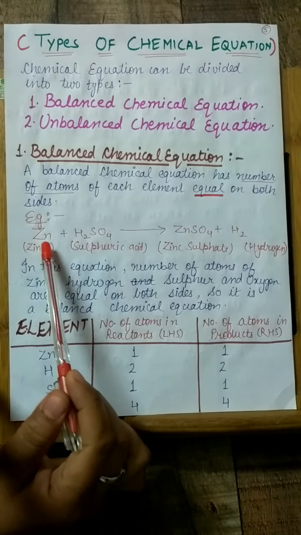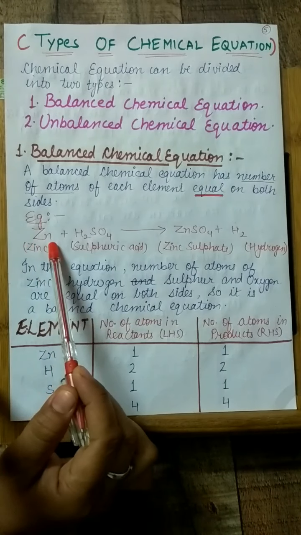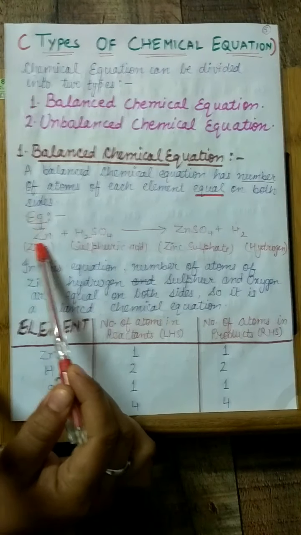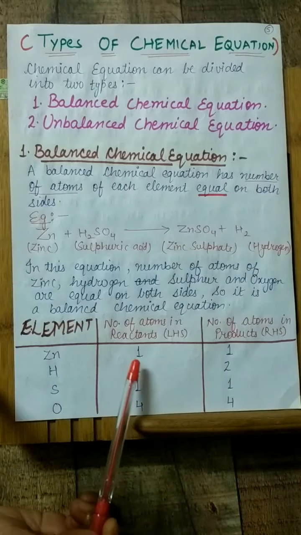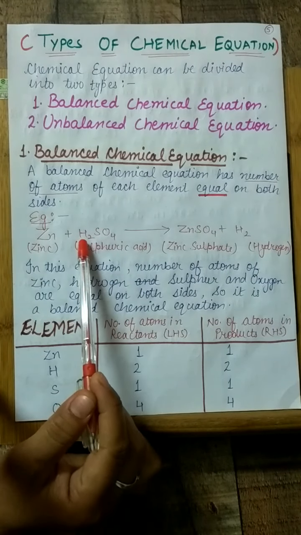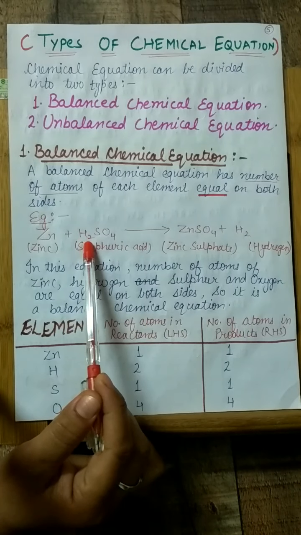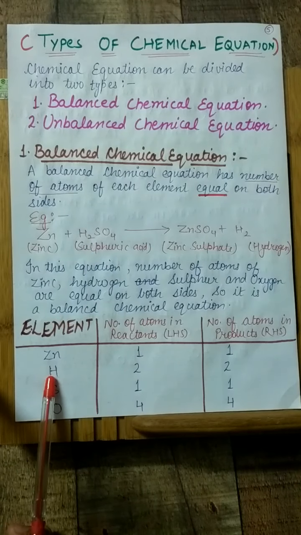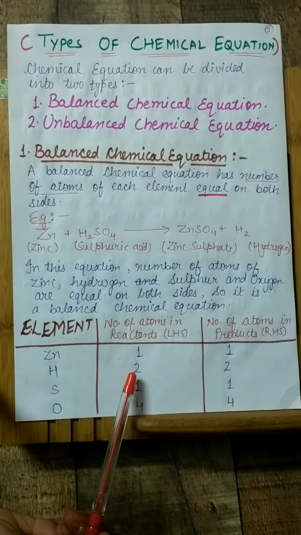First, zinc. You can see only Zn is here, mean to say it has only one atom. So I have written 1 here. But in case of hydrogen, you can see I have written H2. H2 means it has 2 atoms. So in front of hydrogen, I will write the number of atoms equal to 2.